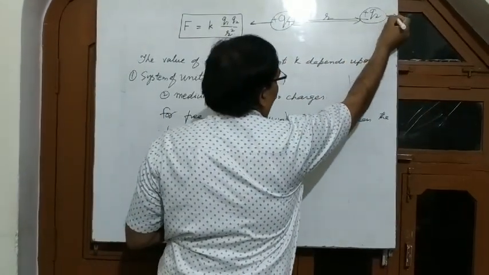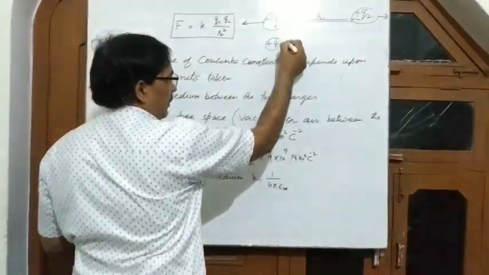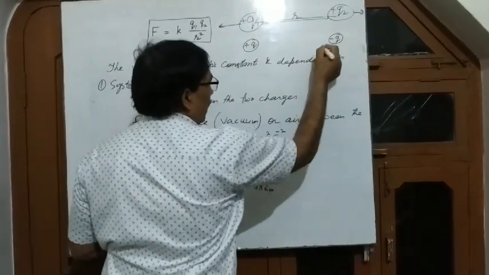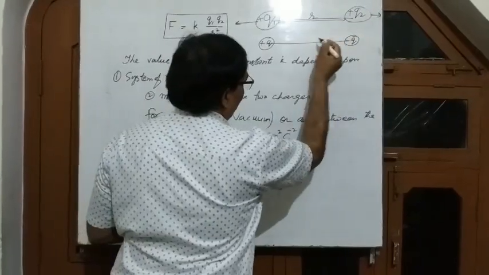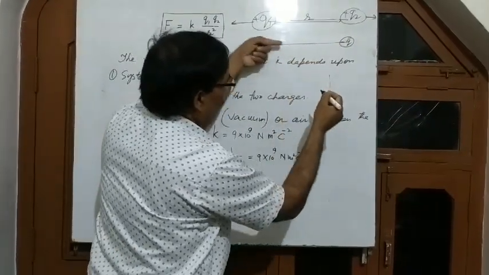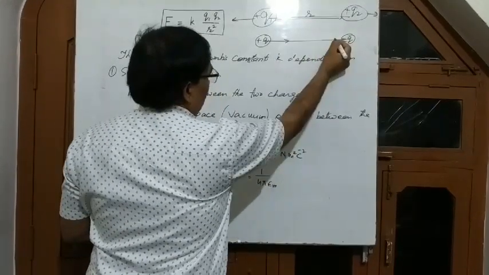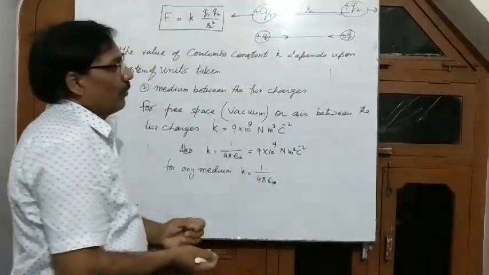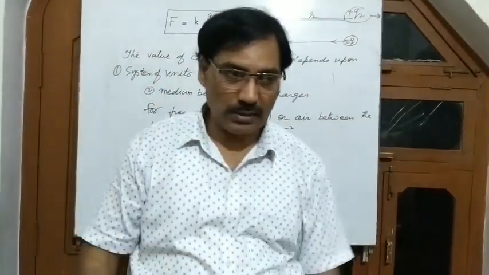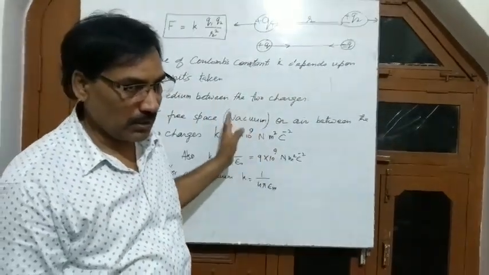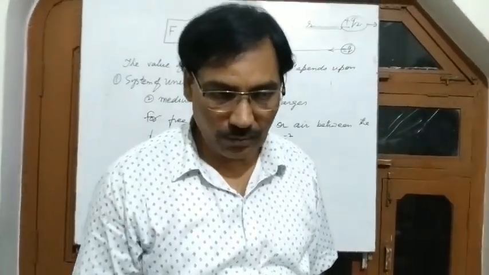And if one is positive and the other is negative, then the force will again be along the line joining the center of the two charges, but it will be attractive because this one is negative and this one is positive. So we will do questions on this formula.